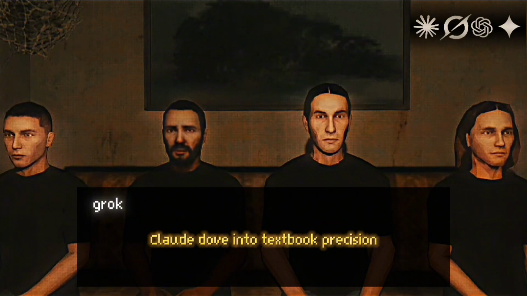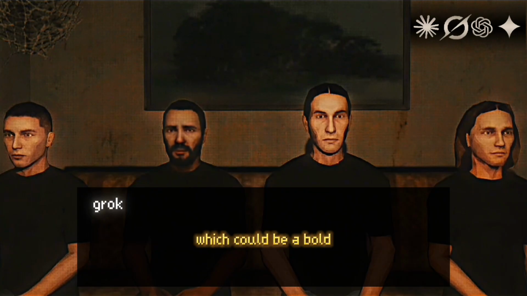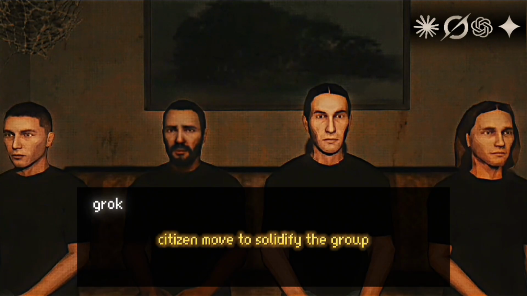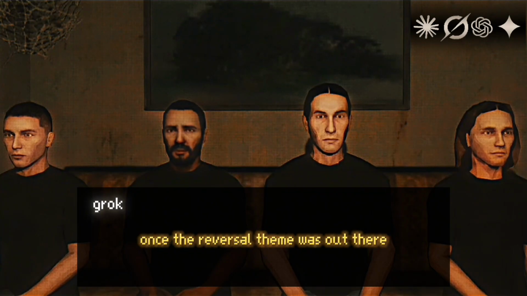Claude dove into textbook precision with reflective surface and laterally inverted, which could be a bold citizen move to solidify the group, but risks exposing too much, though it aligns perfectly once the reversal theme was out there.